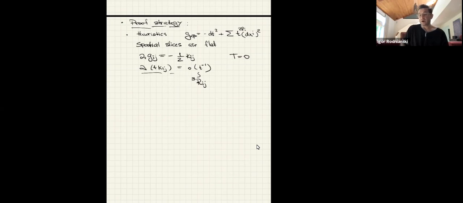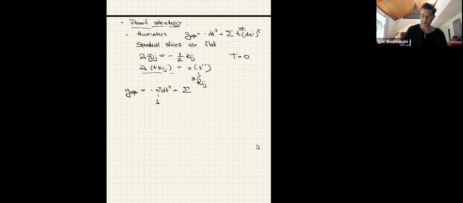Now, suppose that you postulate that the metric g alpha beta is of the form that you think it's going to be, of this form, and here n is going to be close to 1.